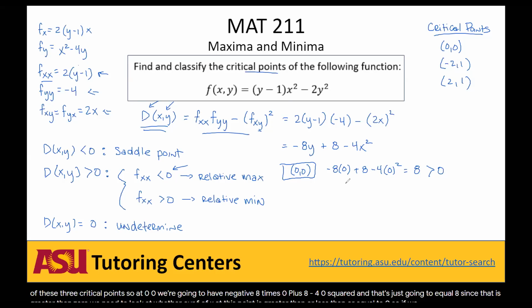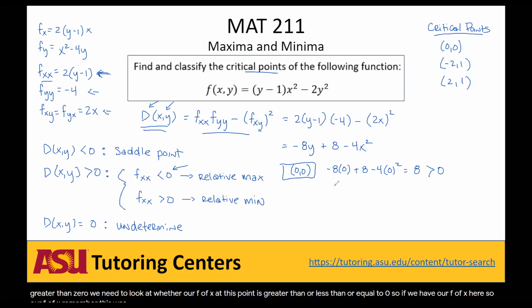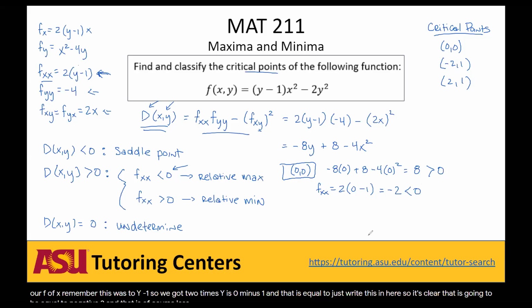So f of xx, remember, was 2y minus 1. So we get 2 times y, which is 0, minus 1. That is going to be equal to negative 2, and that is, of course, less than 0. So we see here that this first point is going to be a relative max. So we'll just write max up here to make it clear.